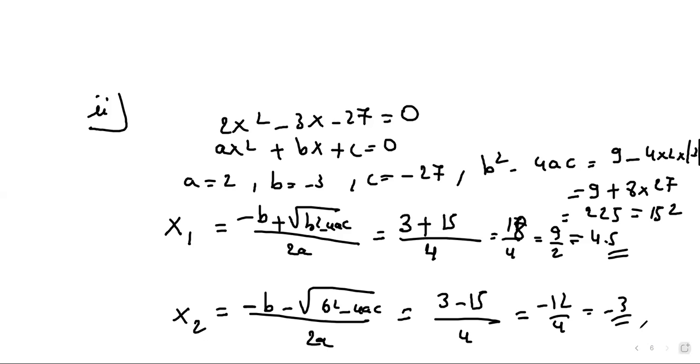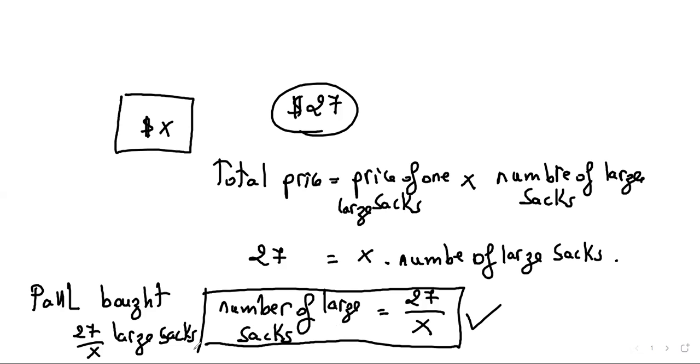Now, after that, calculate the number of sacks which Paul buys. So I know from the start, we got an expression for that. The number of sacks that Paul bought, in terms of x, is 27 divided by x, right?